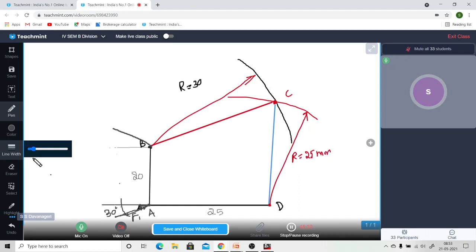Mark the angle as 30 degrees. Now show the direction here.